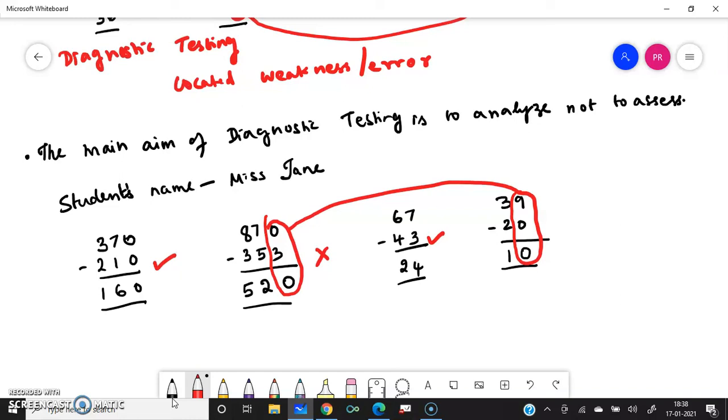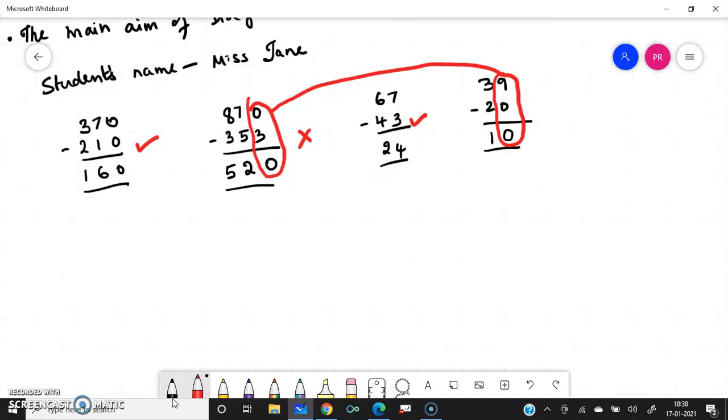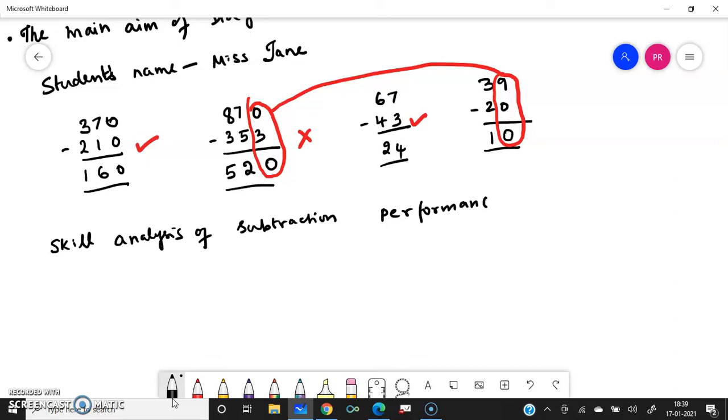So you are going to analyze the answer sheet, right? And particularly you are going to give that particular test. Skill analysis of subtraction performance.